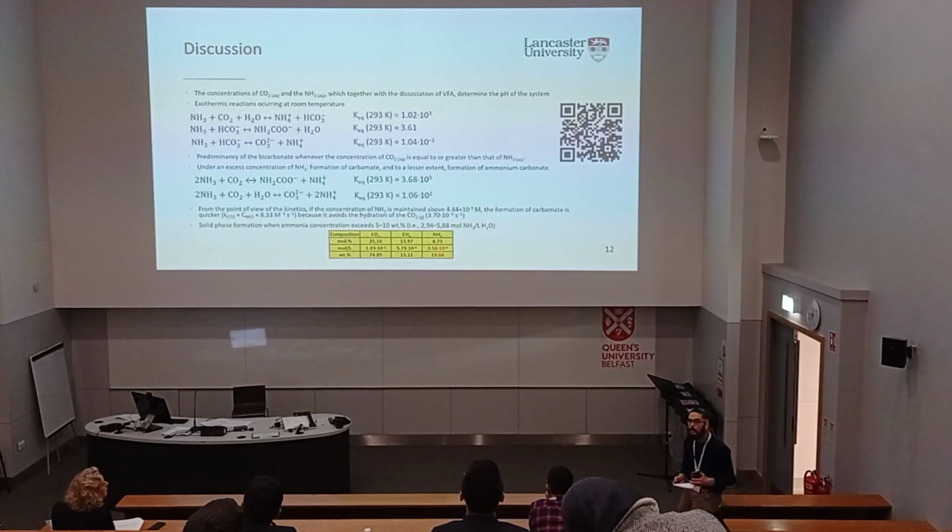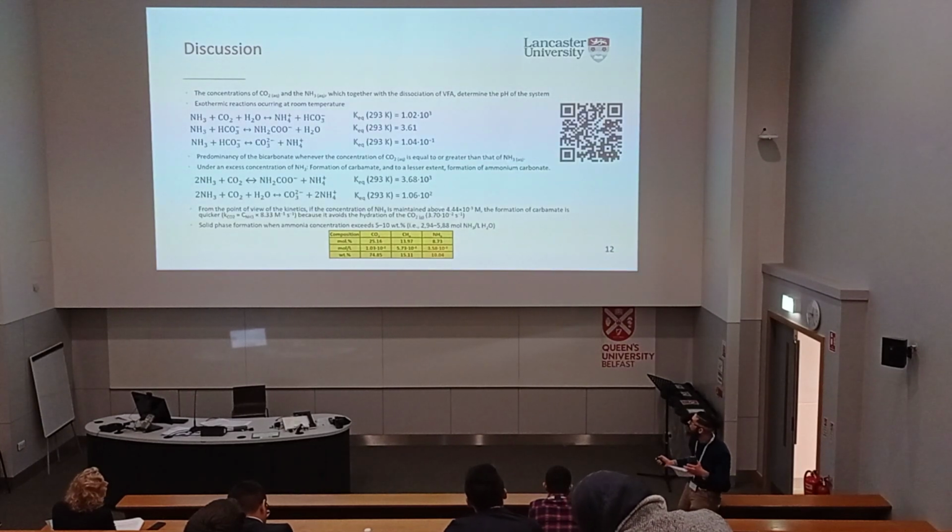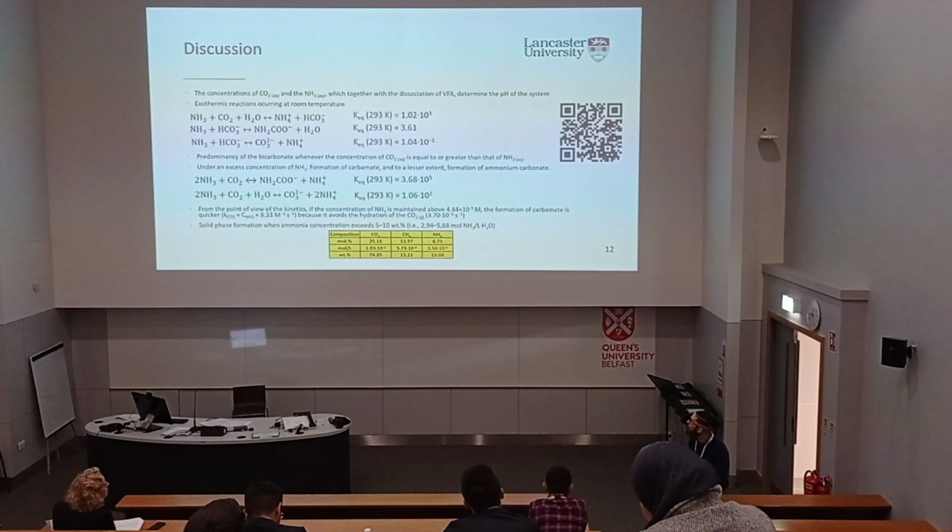So if you remember that slide where I showed you the three places in yellow, I have made the numbers and we got that the concentration of ammonia is lower than the threshold value that implies the formation of these elements, and it's also enough to promote the formation of a solid material, which is the ammonium bicarbonate.